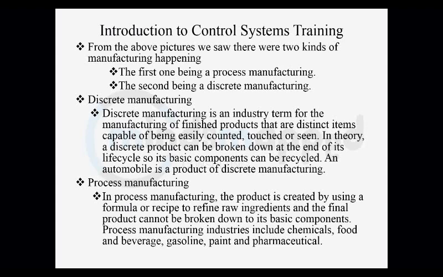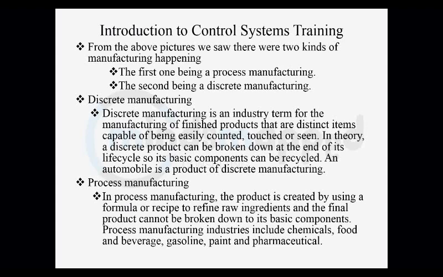You can't break it down and use it for recycling some of its components. Like at the end of the life cycle of an automobile, you can break it down, strip it down for parts, and reuse parts in further manufacturing of some other product.